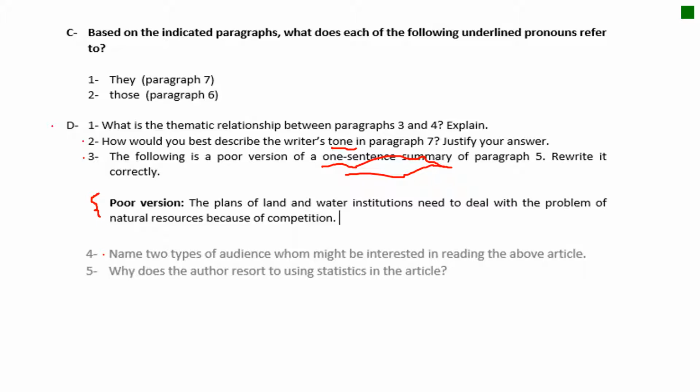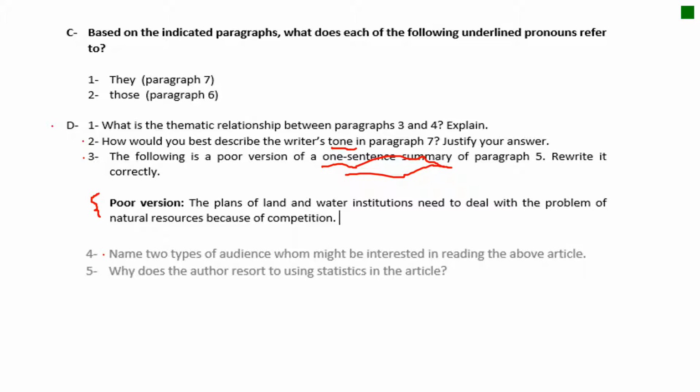Probably people who are interested in issues related to the environment, environmentalists, non-governmental organizations, governments to make certain policy changes, to put certain laws, etc. And I asked for 2 types of audiences.